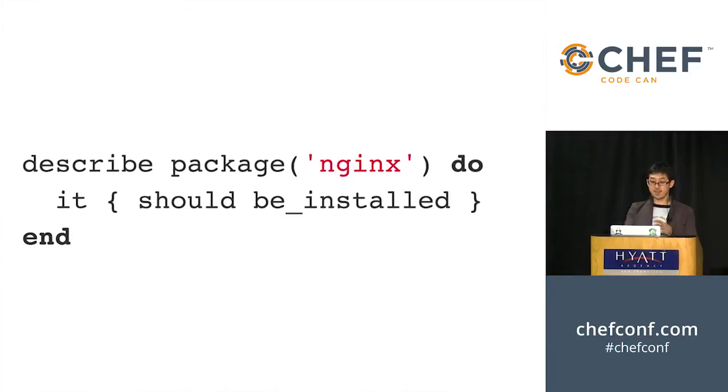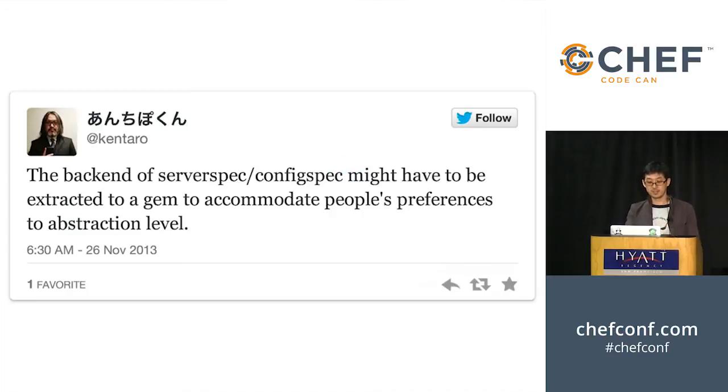This is the same as the Serverspec sample code, but Serverspec tests whether nginx is installed or not with this code. On the other hand, config-spec installs the nginx package with this code. I made config-spec as a proof of concept and half-jokingly. The original config-spec code was mostly copied from Serverspec.